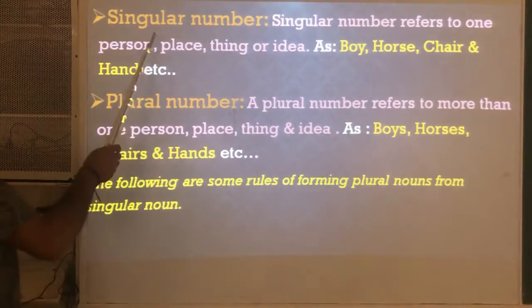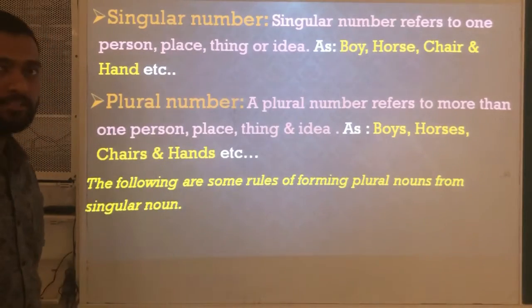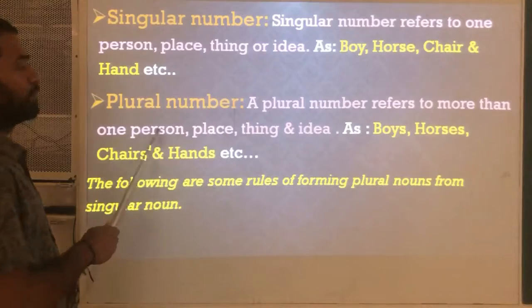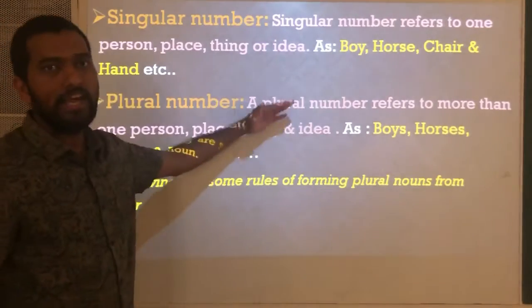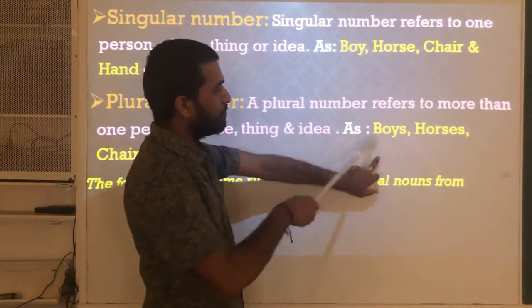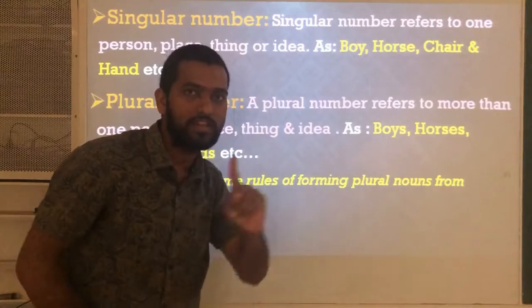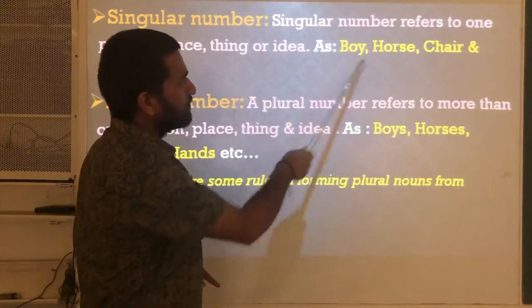Okay, as the singular means one, now the plural means more than one, whether it is person, place, thing, or an idea. As boys, we consider this as more than one. This is not one. If it is one, then it becomes boy. Okay.